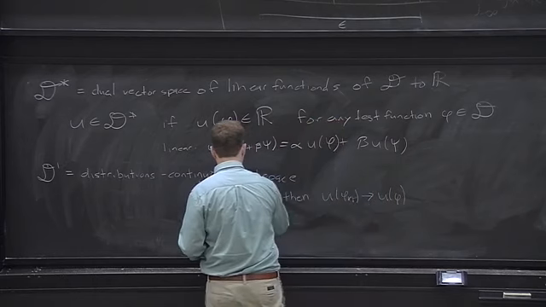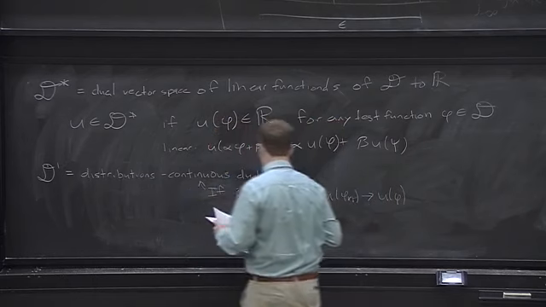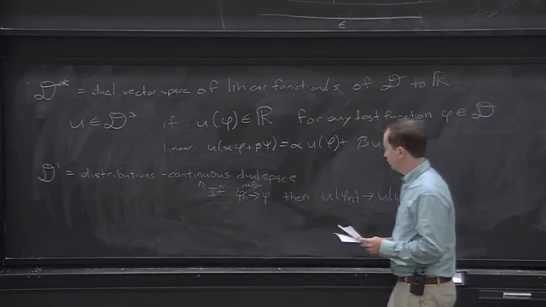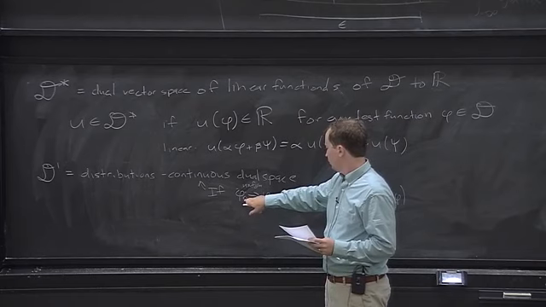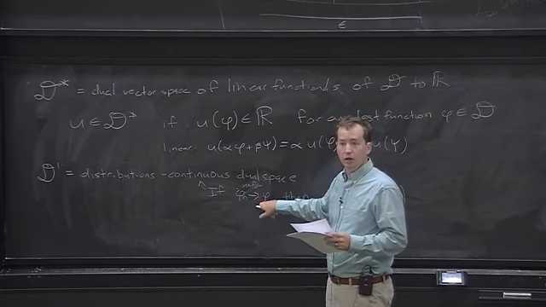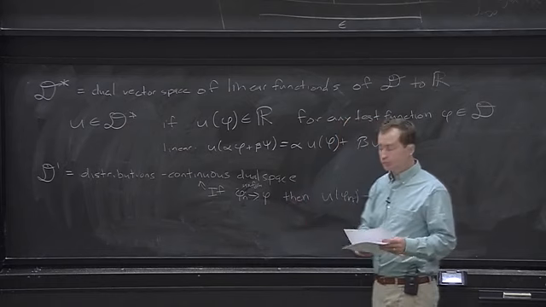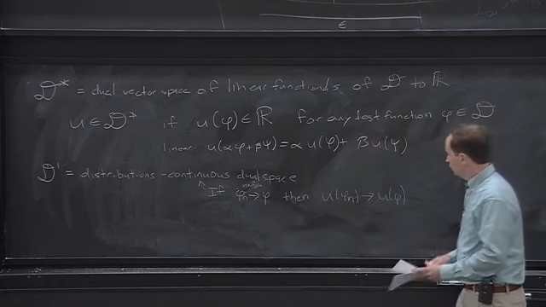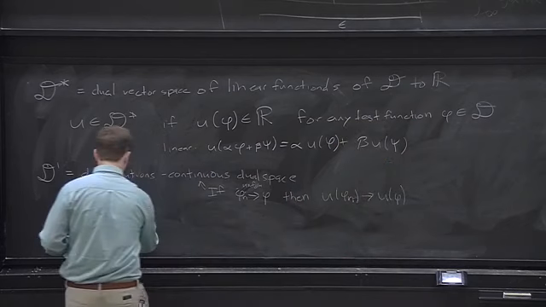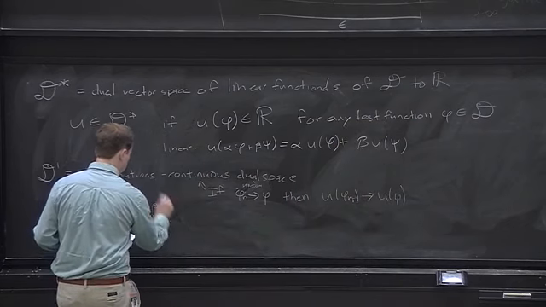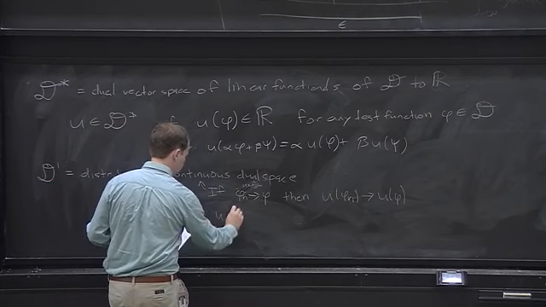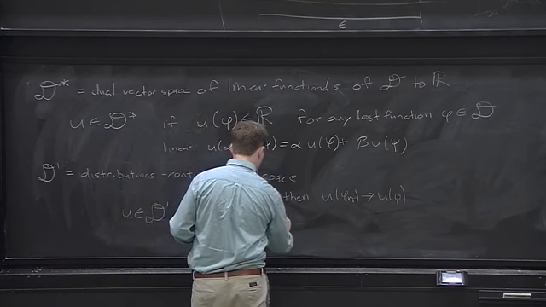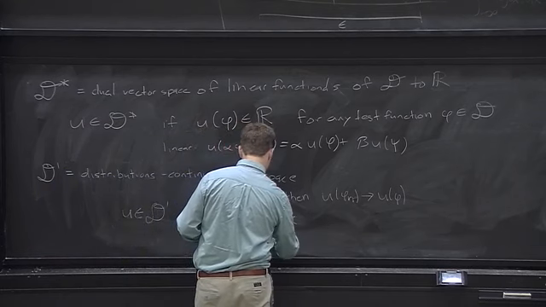And this should be a uniform limit. So we take the difference between phi n and phi and take the norm, and that will go to 0. That's what that means. So u is a distribution if u is finite, linear, and continuous.